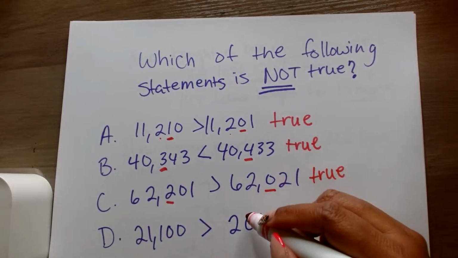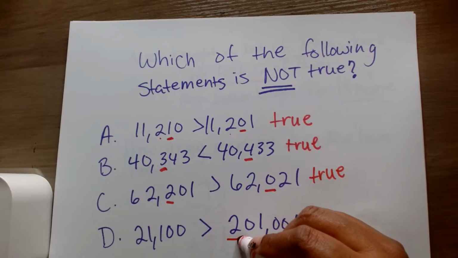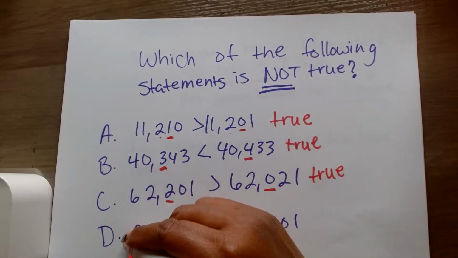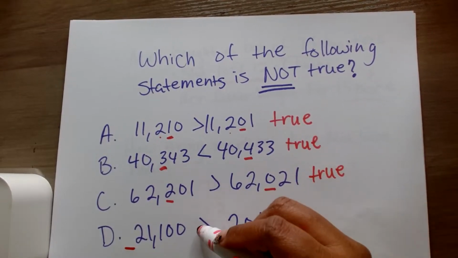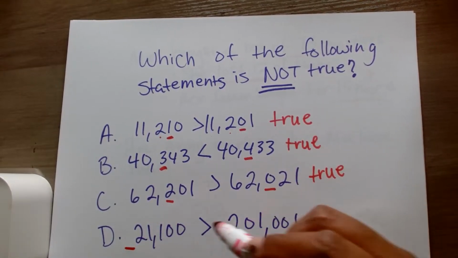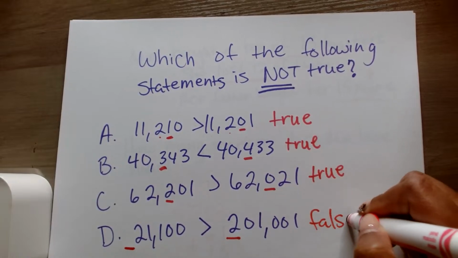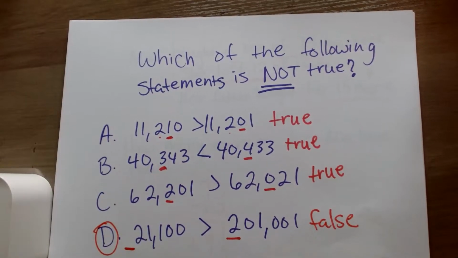Well, we have 201,001. We're already bigger because this does not even have a 2 in the hundred thousands place. So it was saying that 21,100 is bigger than 201,001. So this is false. So our answer would be D.